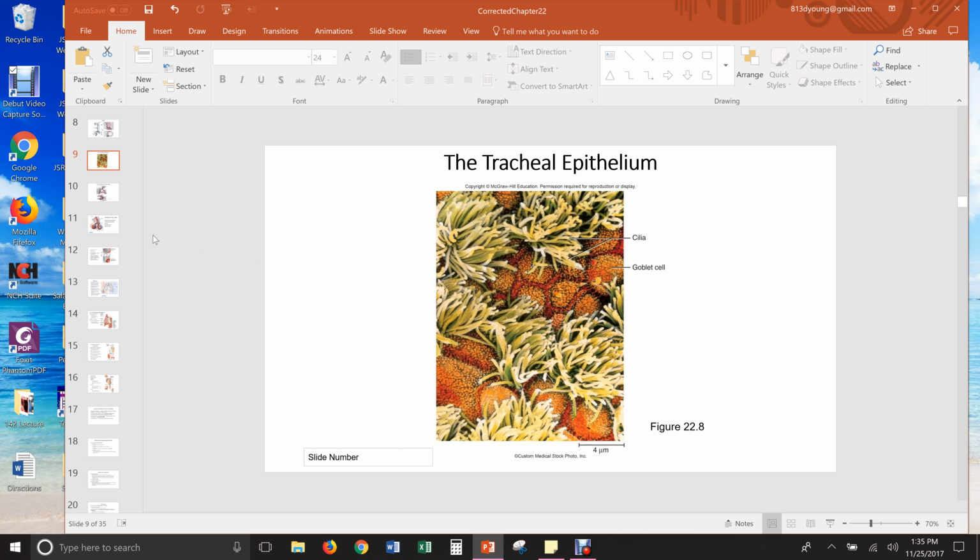It's the reason that people get smoker's cough, because the smoke and the nicotine and everything make these cilia just bend over and basically die.